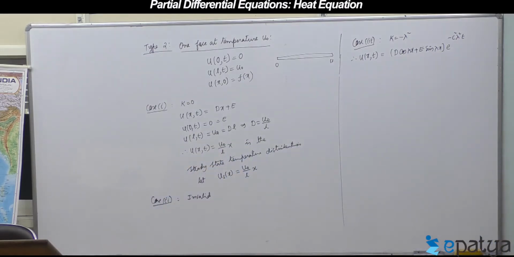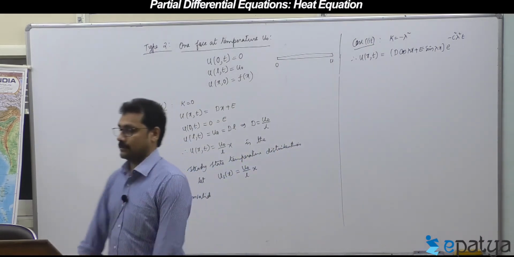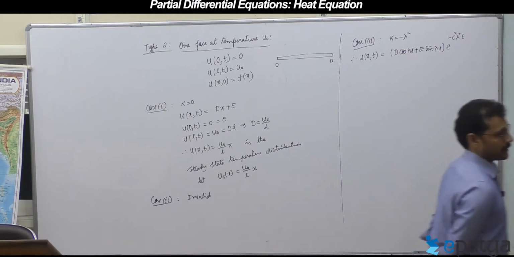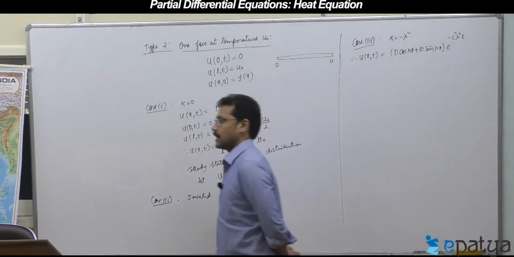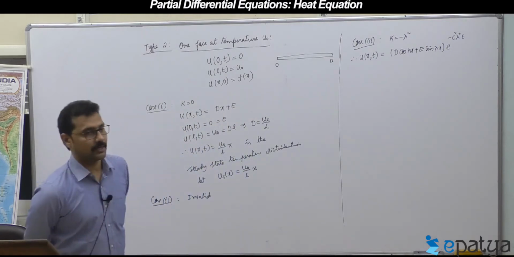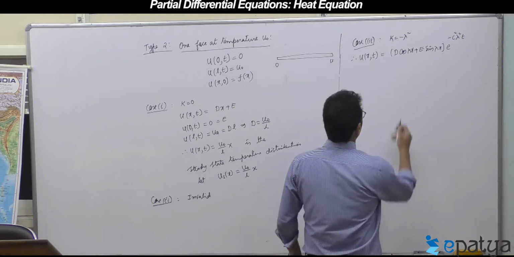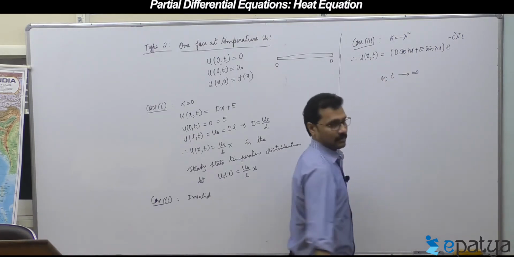Now write a statement. Observe that as t goes to infinity, don't write completely in English. As t goes to infinity, you write as t tends to infinity. Write like that.